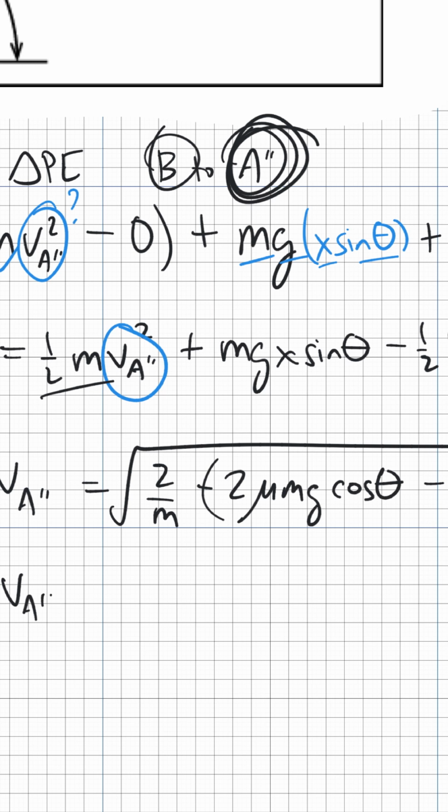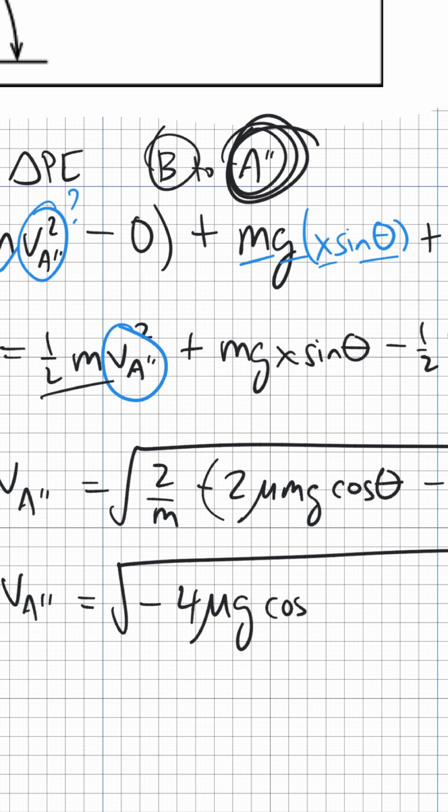So VA double prime equals the square root of negative 4, nope, there's no m left anymore. 4 mu g cosine theta.